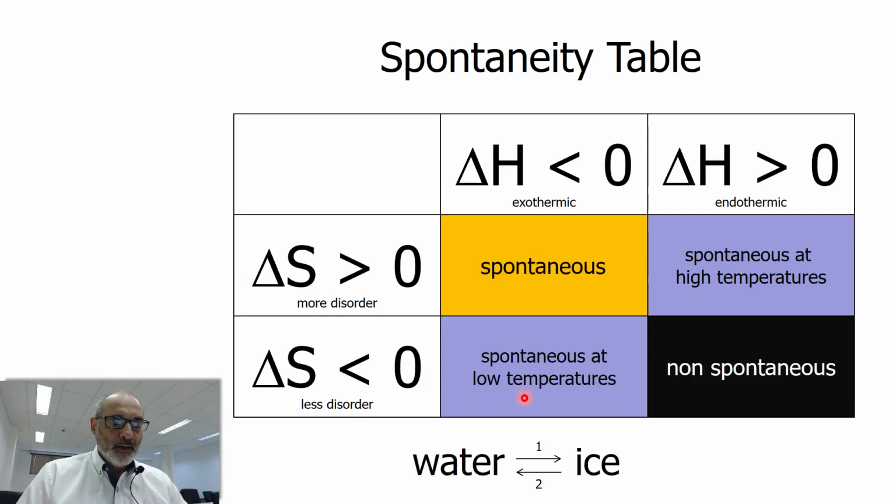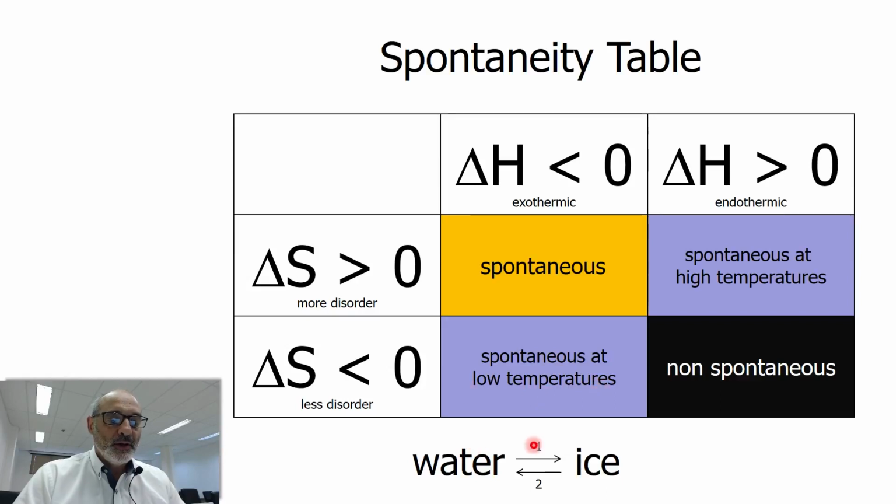Well, a very common example of temperature dependence is water being frozen to ice and ice melting to water. Water solidifying to become ice is a spontaneous process at low temperature.